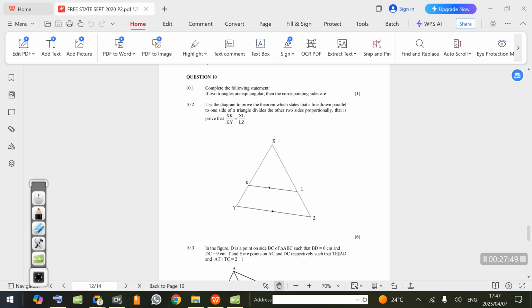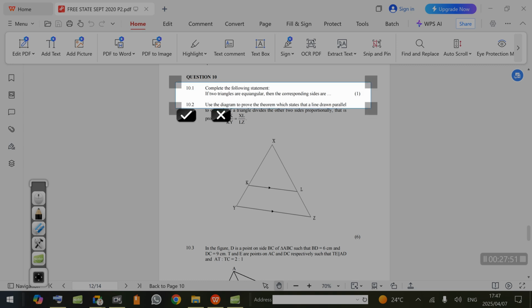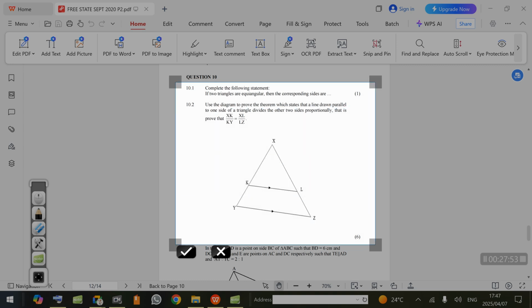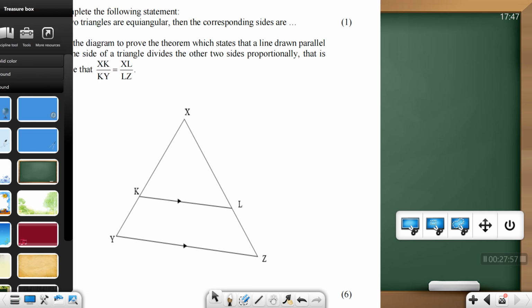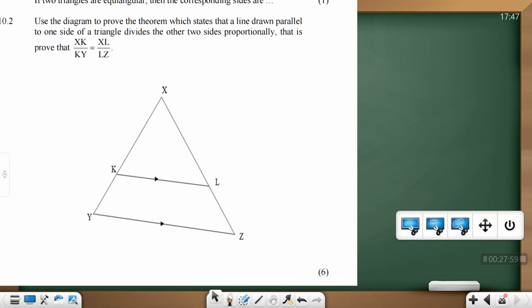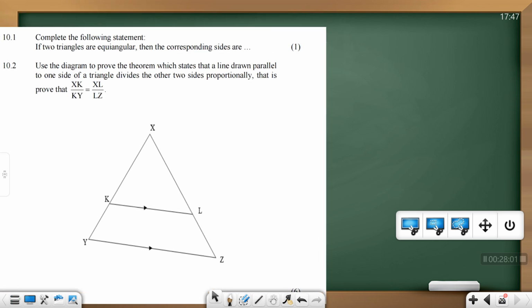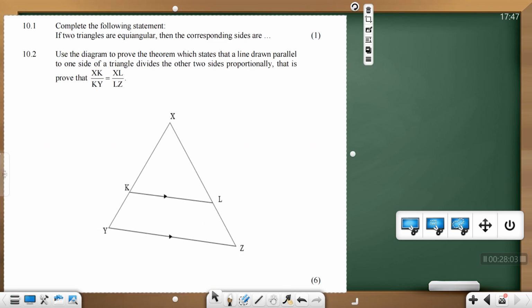My proof. Complete the statement. If two triangles are equiangular, we did that today, then the corresponding sides are proportional. If you miss that, you miss 1 mark.